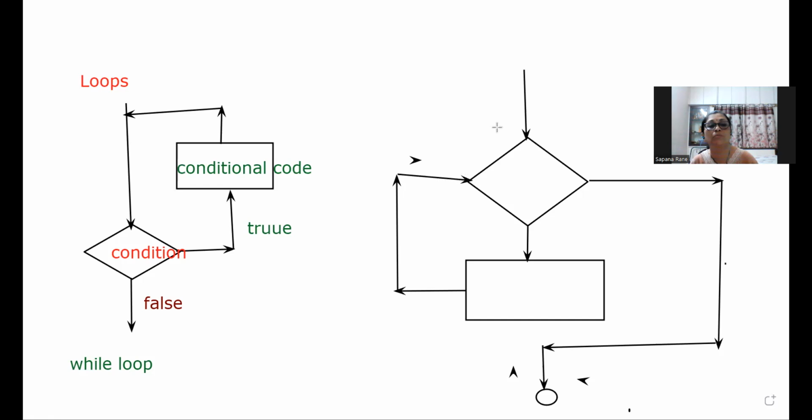Now here there is an item from the sequence. This is a for iteration, that is the iteration type.